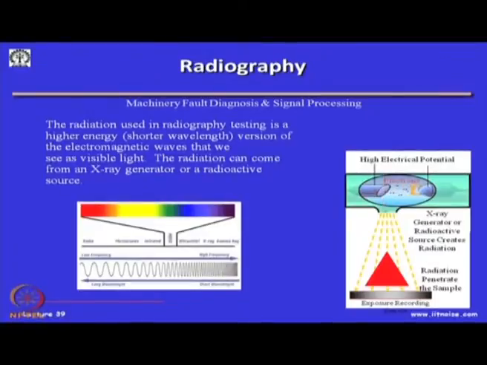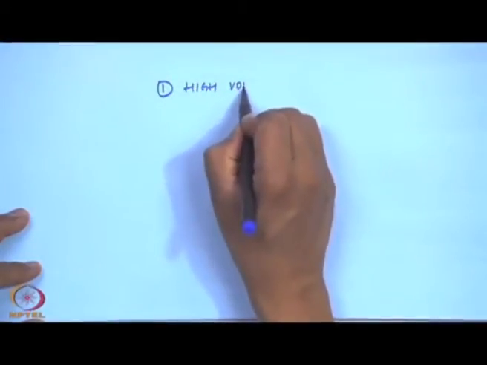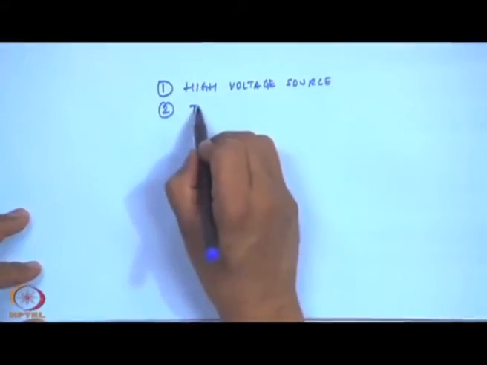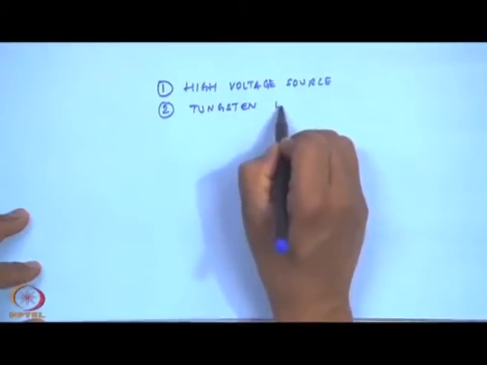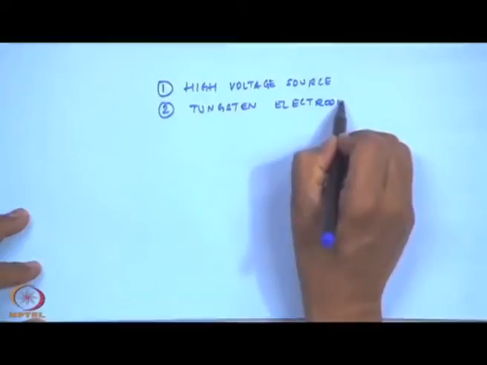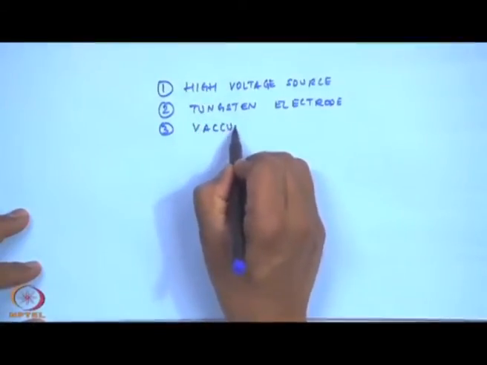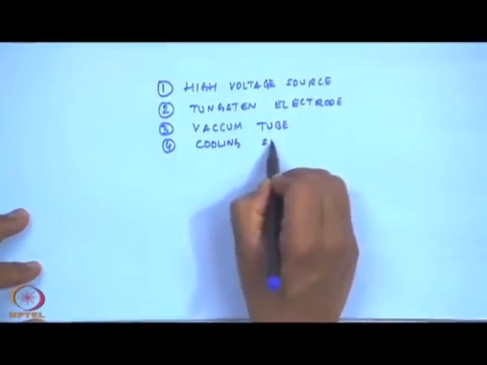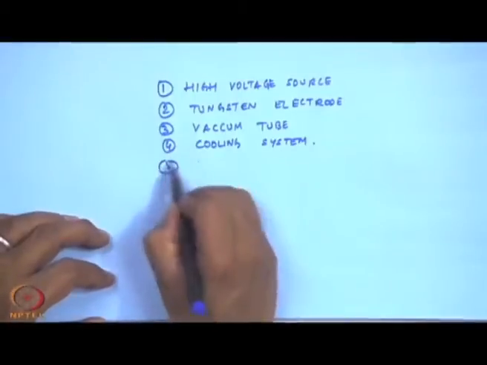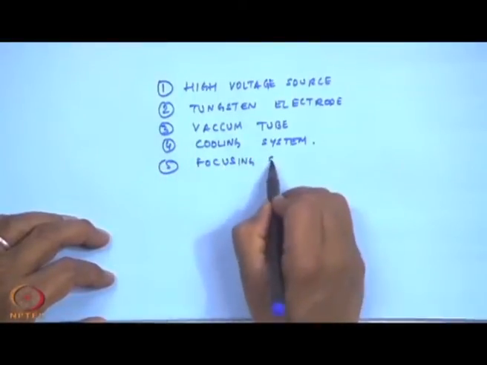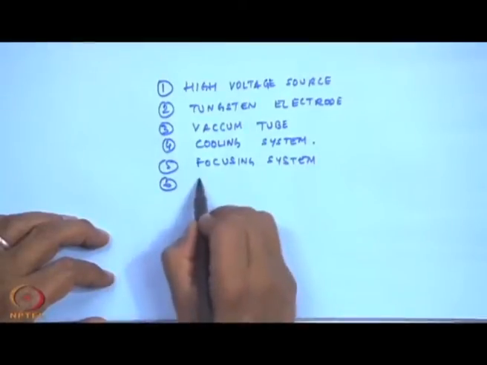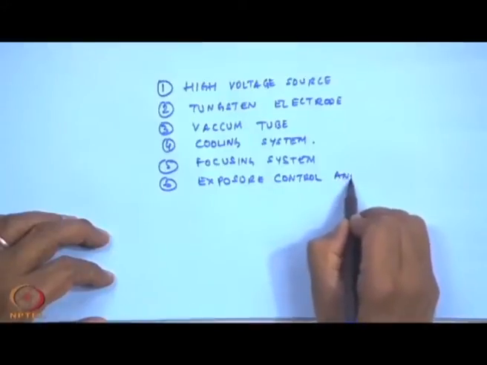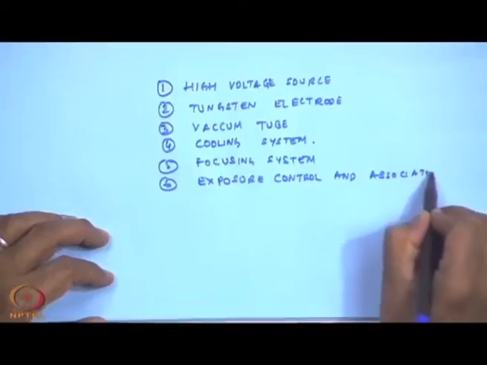generator. One is the high voltage source, other is the tungsten electrode, then we have the vacuum tube, then we have the cooling system, because we will have the focusing system, and of course, the exposure control and the electronics control and associated electronics.